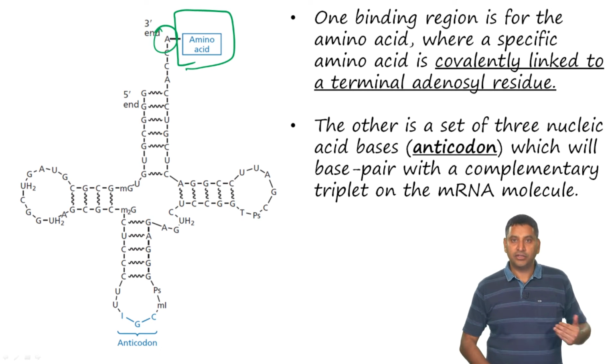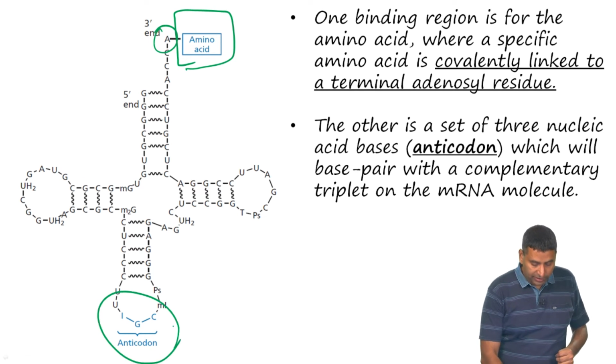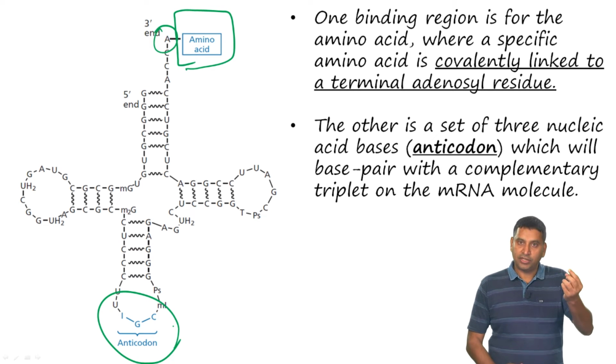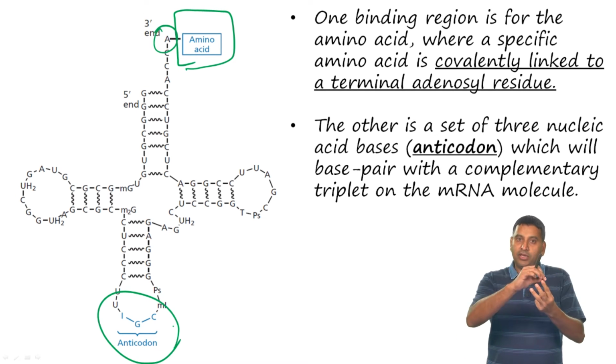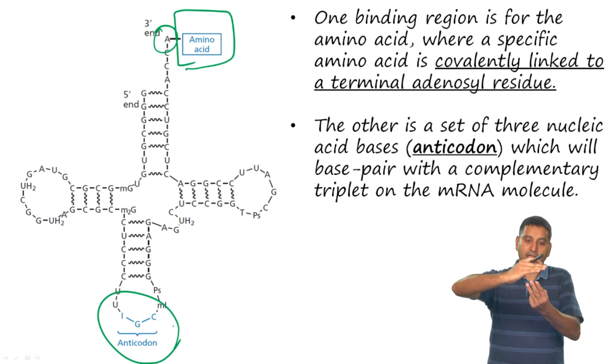The other end is a set of 3 nucleic acid bases, which is called the anticodon. As we learnt earlier, a codon is nothing but 3 unique bases which code for a particular amino acid. The anticodon comes and binds to this codon.